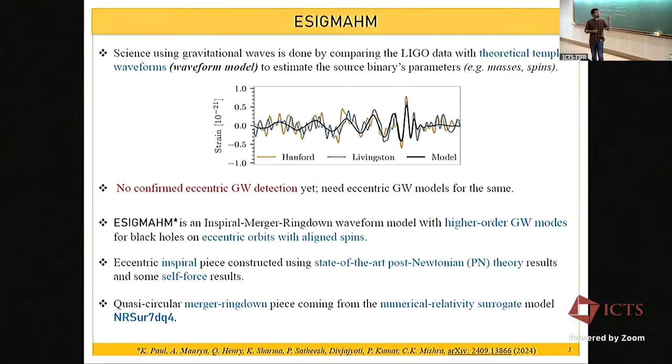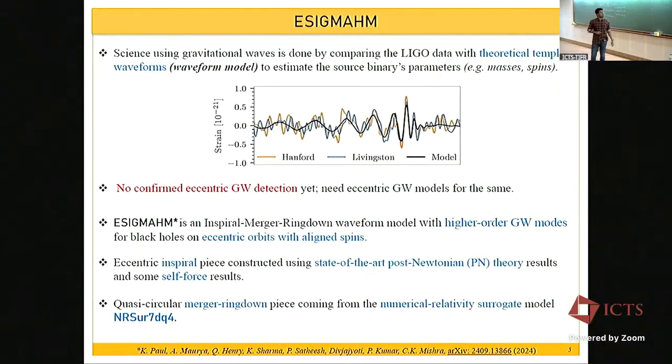So basically, we match the waveforms which are produced by our understanding of the theory of gravity, and we can predict, given some masses and spins of the black holes, what we expect the gravitational wave signature to look like. And this is shown in black. And then we compare and match it with the data, and we then figure out which one matches the best. And we say that the properties corresponding to that best matching template must be the properties of the black hole.